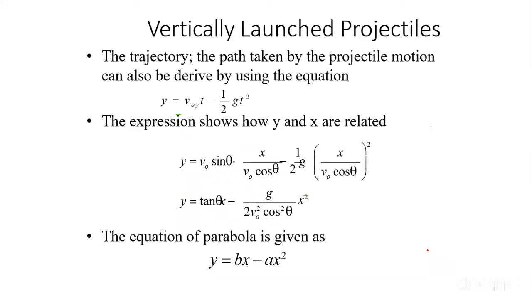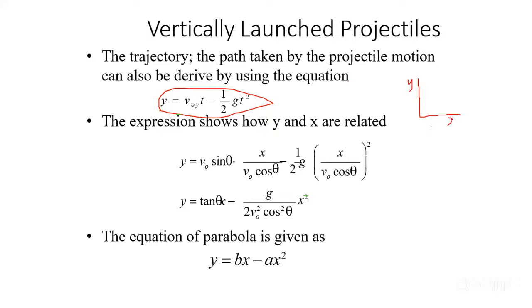Now, the final point here is the trajectory. The trajectory, which is the path taken by the projectile motion, can also be derived by using this same equation that we have used. Mind you, we have been emphasizing that the motion is two-dimensional, that is y and x.